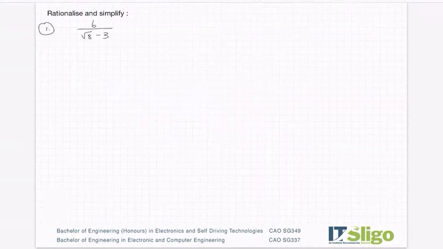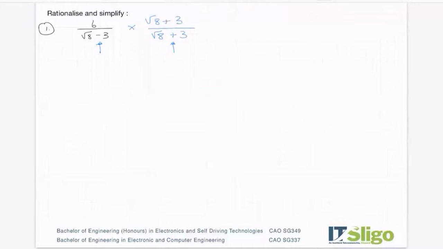So what you do then is you take your question and you multiply it by what we call the conjugate of the bottom. So in other words, we change the sign in the middle. Okay, can you see what I've done there? I've literally just changed the minus to a plus. Okay, what I do to the bottom, I then have to do to the top.